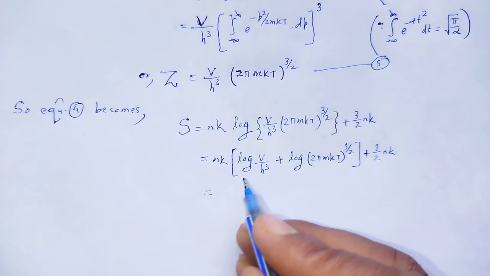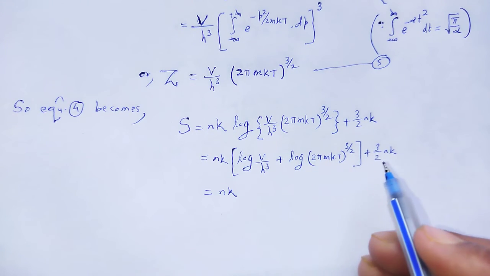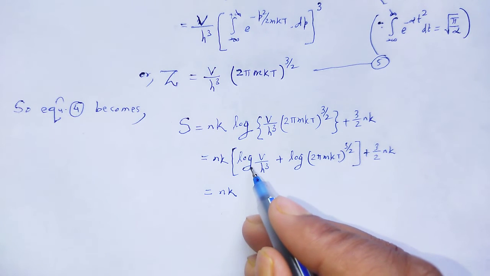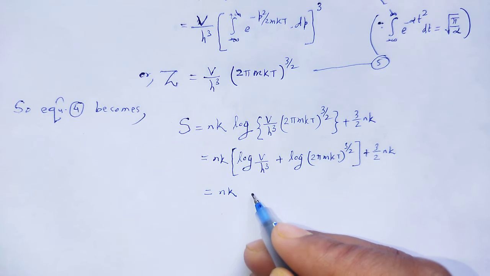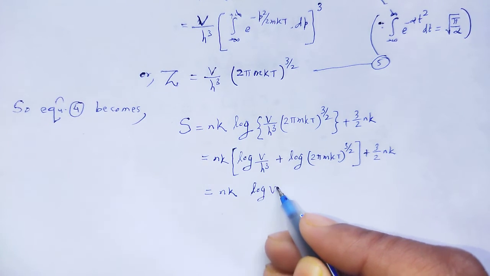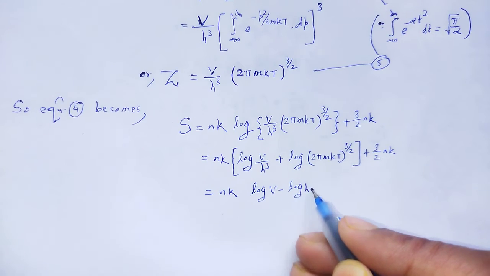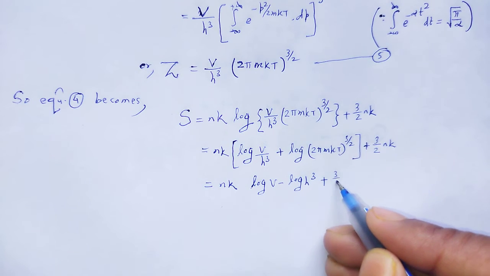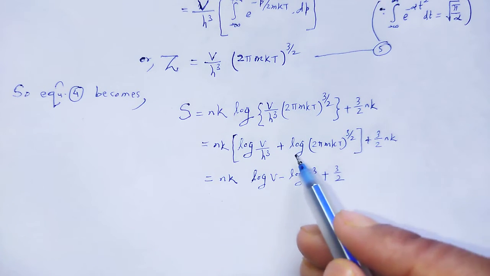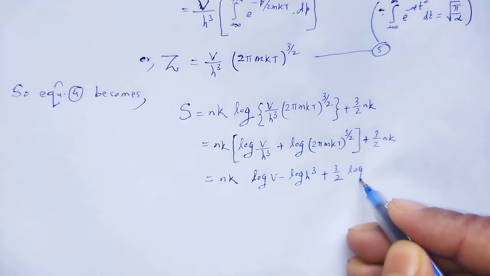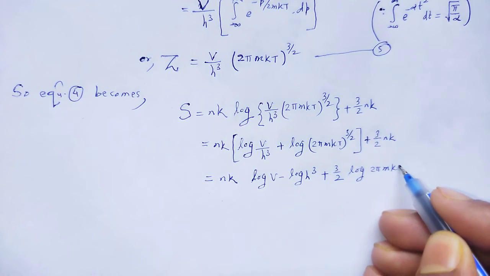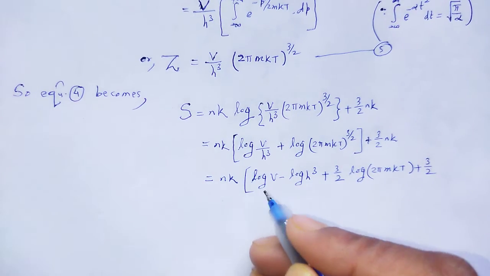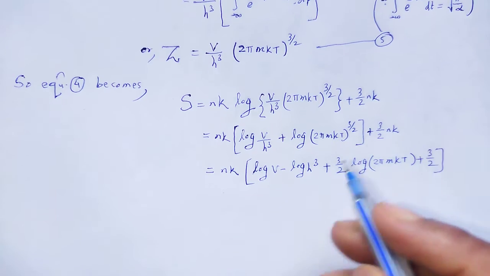Next Nk, if we take common on these two terms, we obtain here log a by b, log a minus log b plus here 3 by 2, then the bracket terms as log 2 pi m kT plus 3 by 2 as Nk common on these two terms.